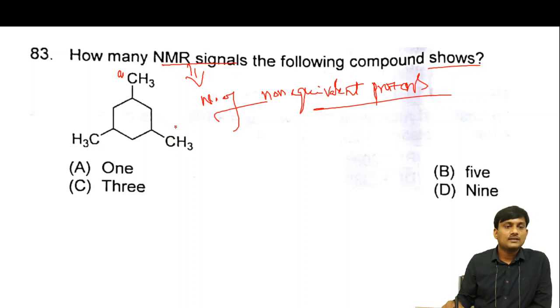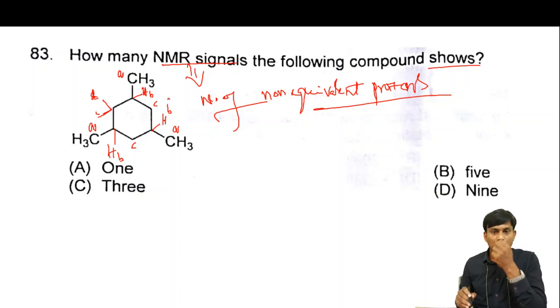In this case, all CH3 groups are A type of protons. And here you have hydrogen. By valency, you can easily predict. Here there is a hydrogen, so this hydrogen is B type. All these hydrogens are B type. And here you have 2 hydrogens, these are C type. This one also C type, and this one also C type.